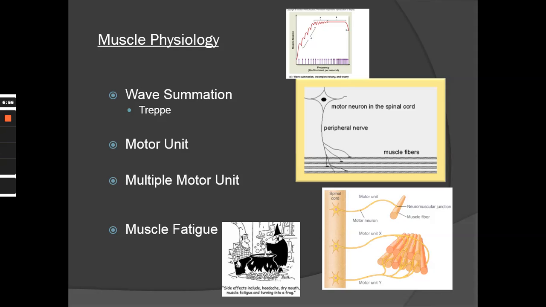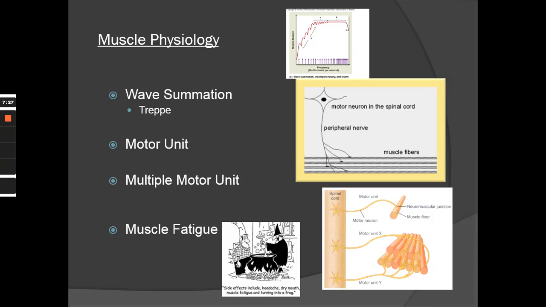When a whole muscle contracts, you're going to have multiple motor units serving that muscle, and they may not all be sending an impulse at the same time. You're going to have an increasing number of motor units act in order to make a whole muscle contract.